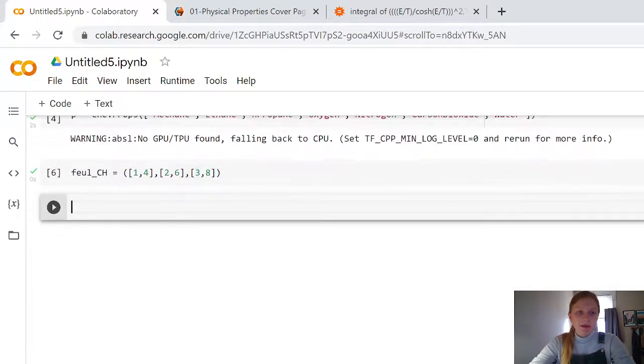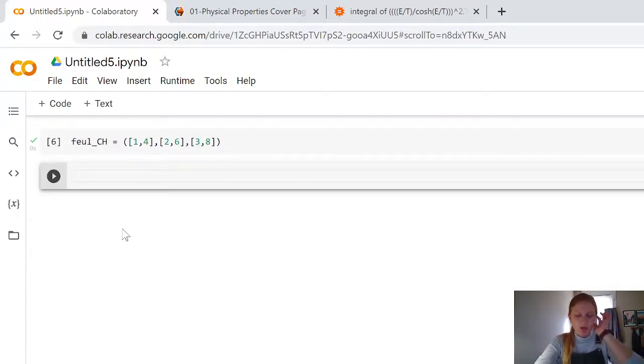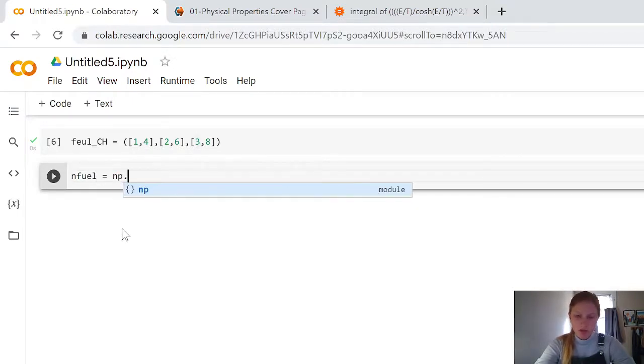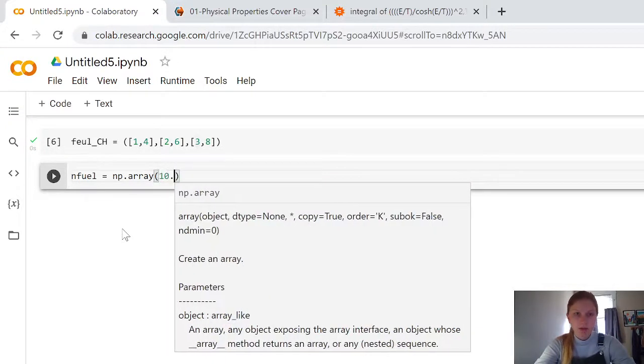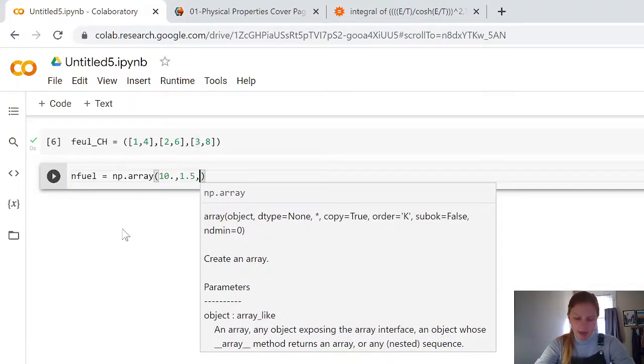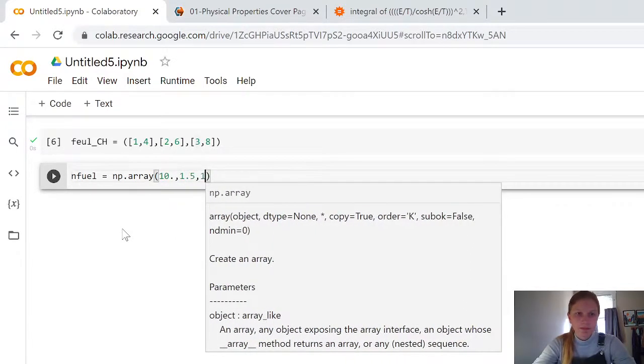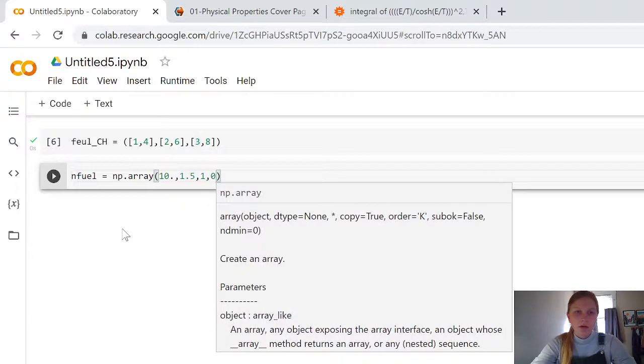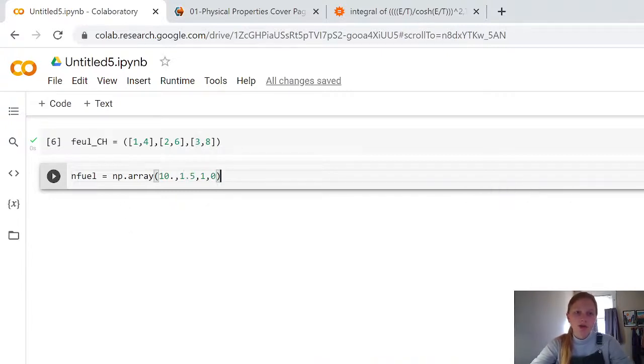Now the next step is we want to create a variable for our actual moles of fuel being put in. So I'm just going to call that N fuel, and we want to set that equal to the array, and we're going to say there's 10 moles, 1.5, and 1 for our carbon, hydrogen, and oxygen.